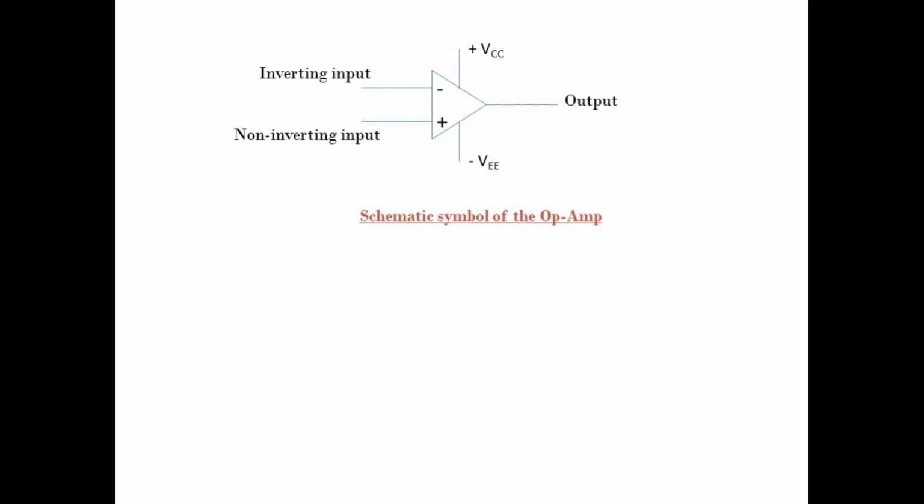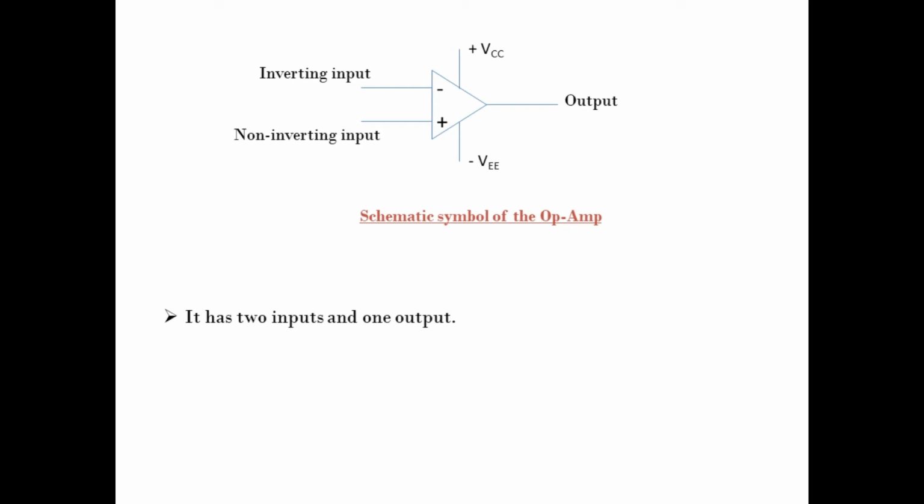The minus sign terminal corresponds to the inverting input and the plus sign is the non-inverting input. It has one output signal and there is a supply: plus VCC and minus VEE. So you need to apply a dual supply. Based on the application, you can also operate an operational amplifier using a single supply.